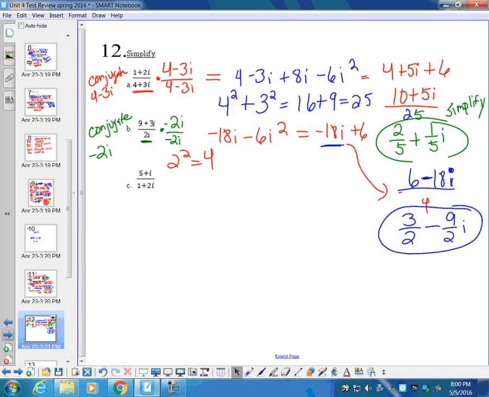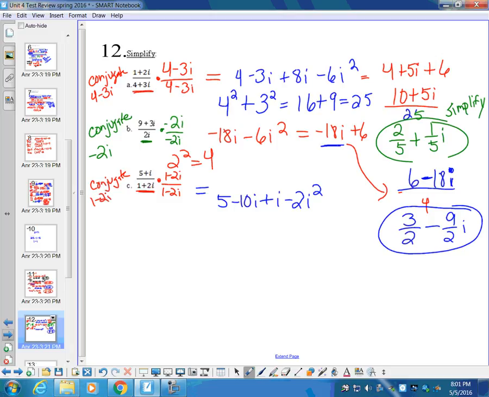Okay. Now, division again. Find your conjugate of the bottom. So it's going to be 1 minus 2i because it's the opposite. Multiply by 1 minus 2i, top and bottom. Now, lobster claw, 5 on top, negative 10i. i times 1 is i, and i times negative 2 is negative 2i squared.